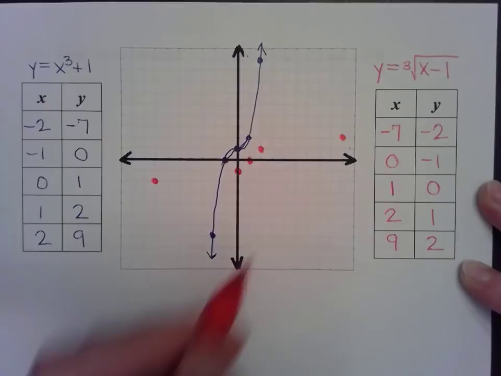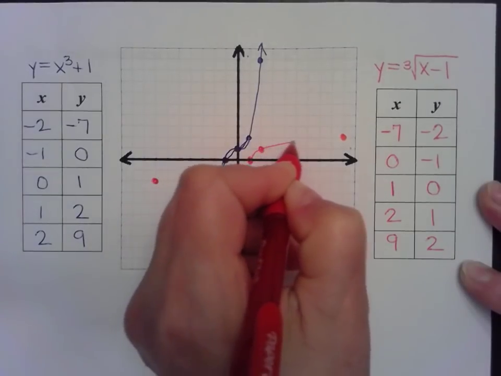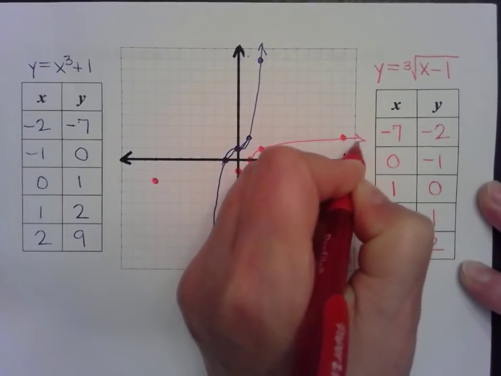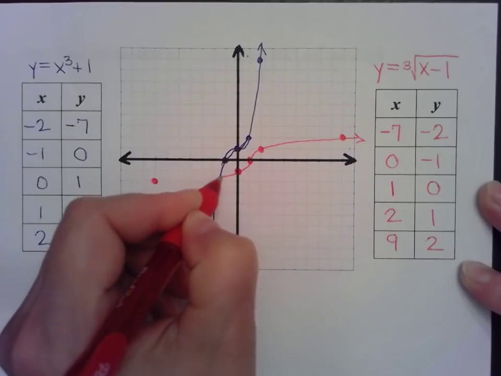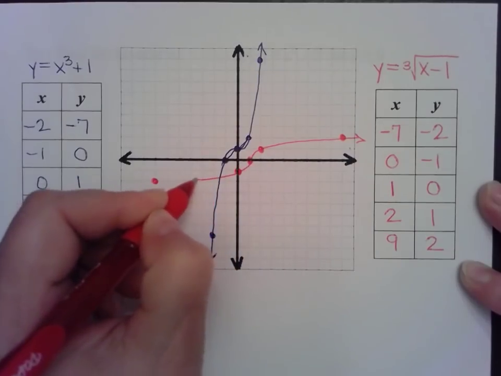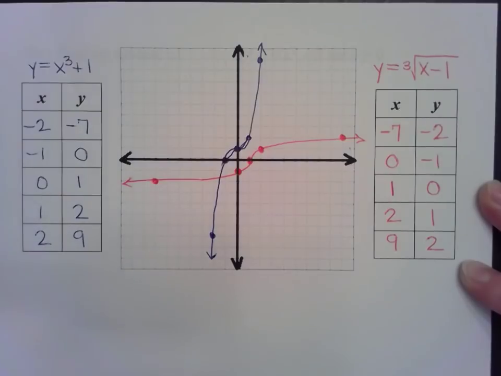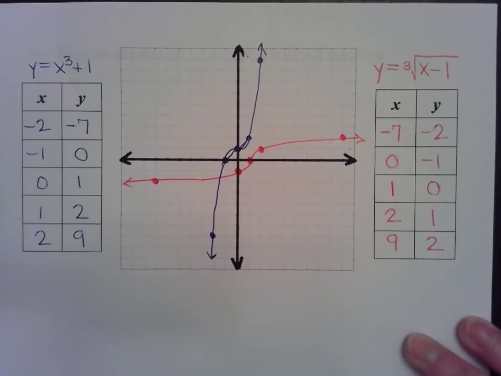Now we've said before that the cube root shape is like the cubing shape, but on its side. Now we have a chance to explain that. So when I flip the points like this, based on the fact that they're inverses, you can see that these graphs are very much related.